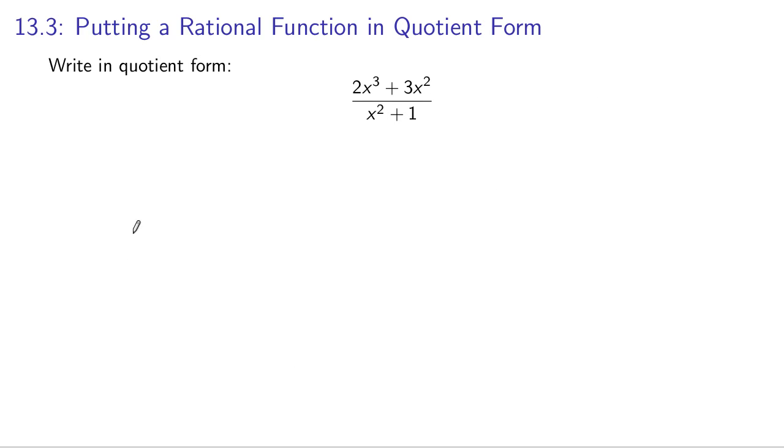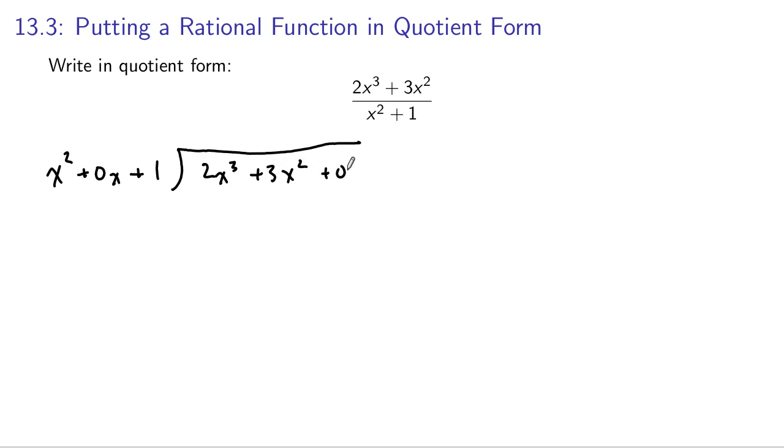Another problem, put this in quotient form. So another division. We're going to divide 2x cubed plus 3x squared plus 1 by x squared plus 1, and again it's helpful to write these zeros out so we don't lose track of the places: 2x cubed plus 3x squared plus 0x plus 0.